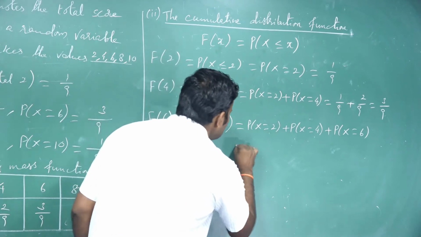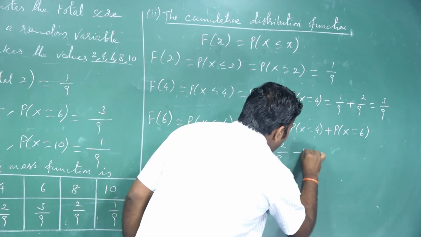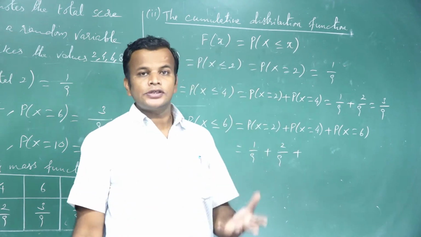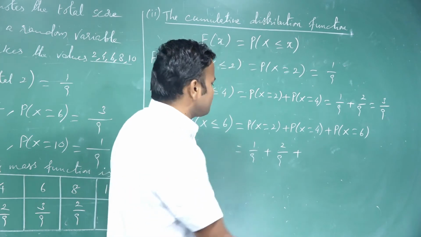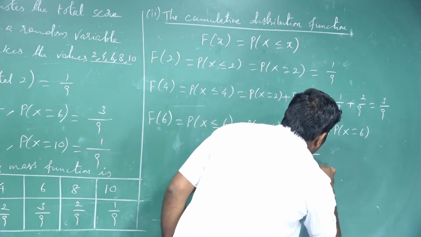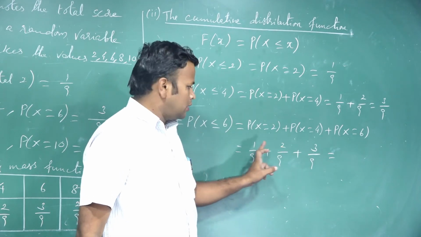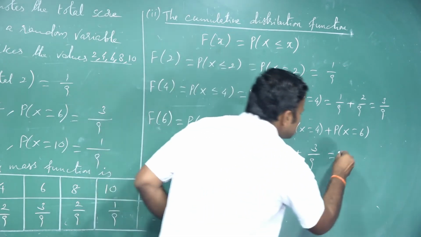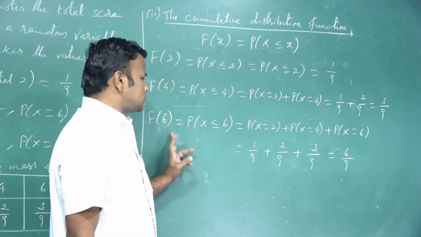P of x is equal to 2 is 1 by 9, plus 2 by 9, and P of x is equal to 6 is 3 by 9. And we get 3 plus 2, 5, 5 plus 1 is 6. So 6 by 9 is f of 6.